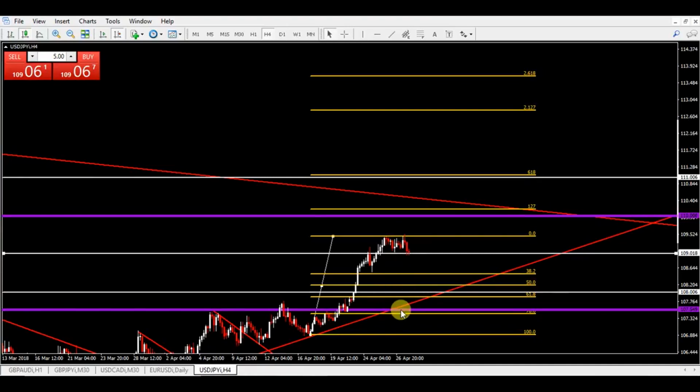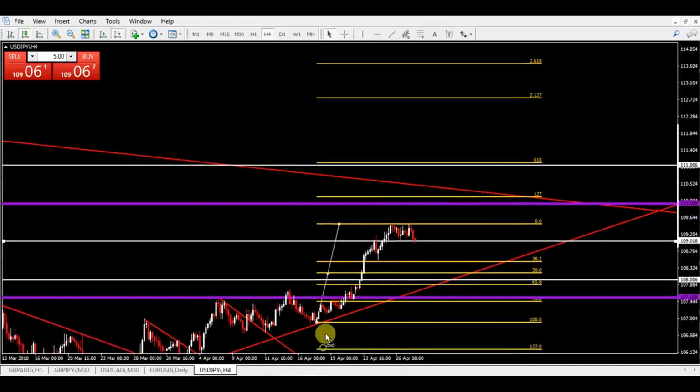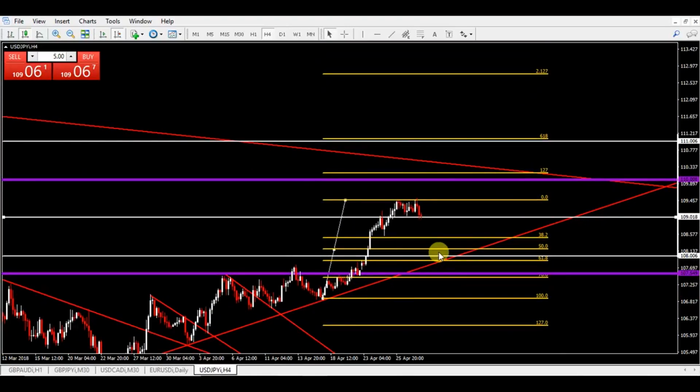We have a lot here to suggest bullish movement after the market reaches here. Why? Resistance could become support. What else do we have here? A 78.6 and 61.8 fib. What else do we have here? This ascending trend line here that it could potentially respect to continue further to the upside once it reaches here.